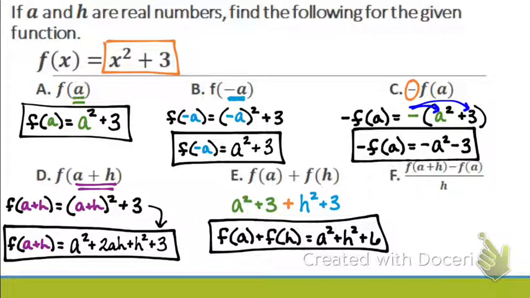Part F. We're going to take what we did back in part D, this guy right here. So a squared plus 2ah plus h squared plus 3. And I'm going to subtract what? A squared plus 3.